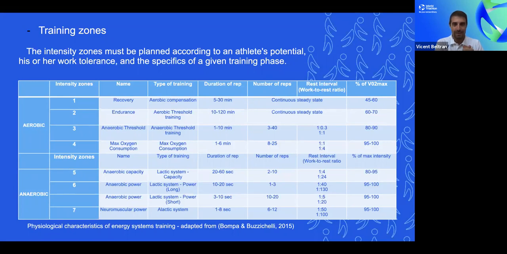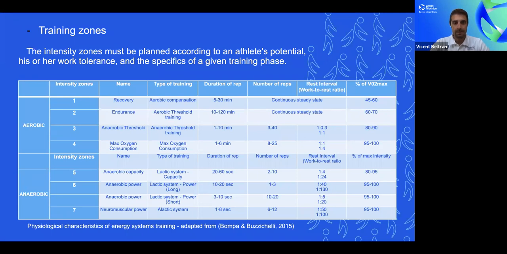Okay, so understanding the percentages is important, especially if you're not testing all the physiological parameters, like if you only have access to indirect VO2 max through the test we saw two weeks ago, then you need to estimate them.